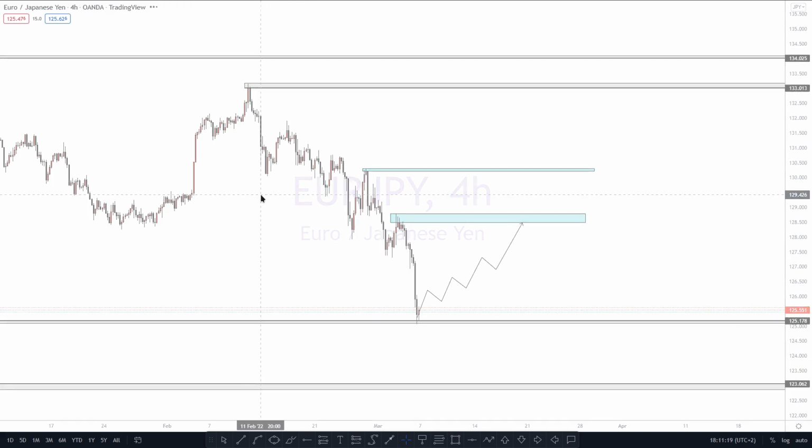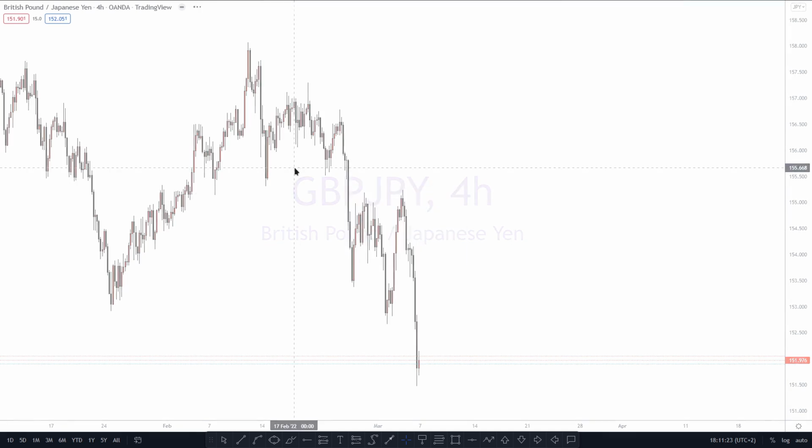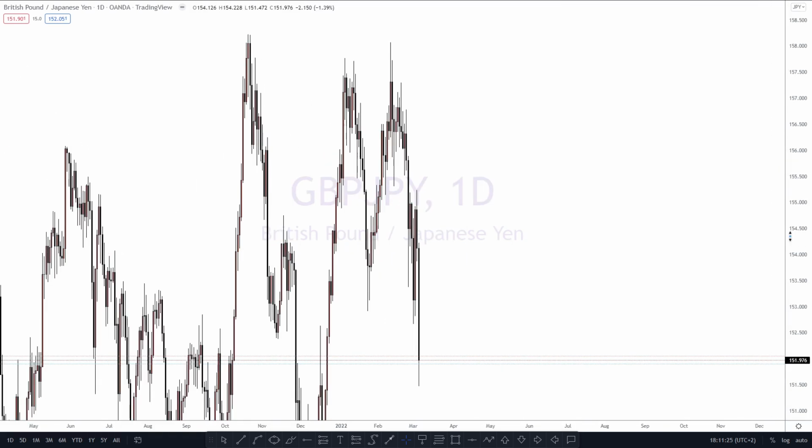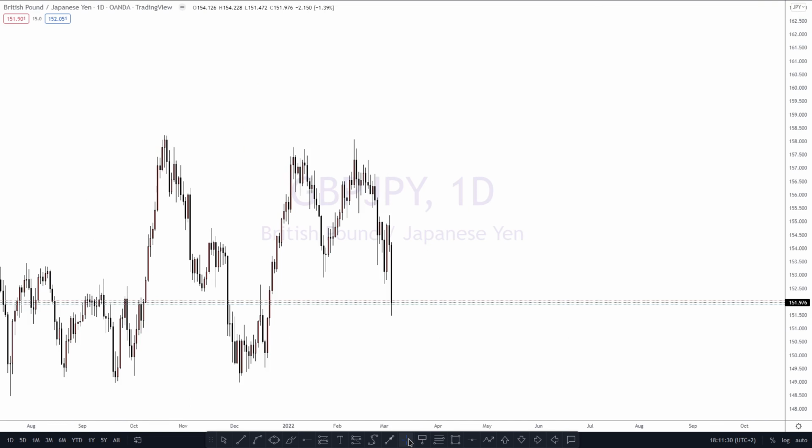So we move to the next one, which is GBP JPY. You will see that most of these JPY pairs are the same. So this one, we had a bit of consolidating.